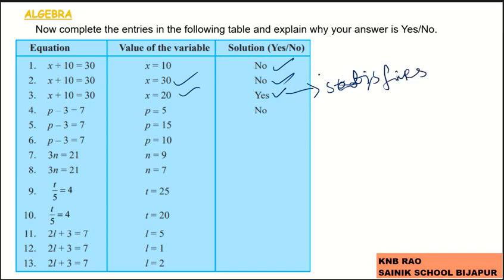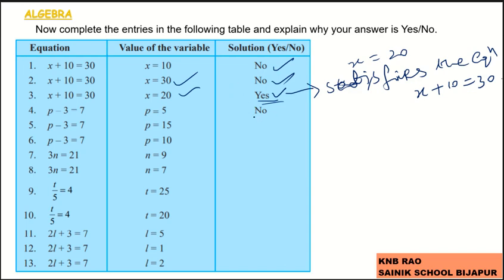Who satisfies? X equals to 20 satisfies the equation x plus 10 equals to 30. That is why I said yes. For no, same way, x equals to 10 does not satisfy the equation.